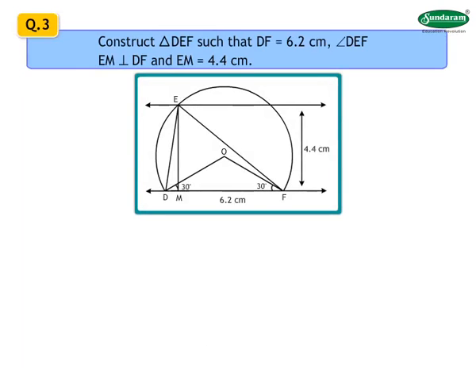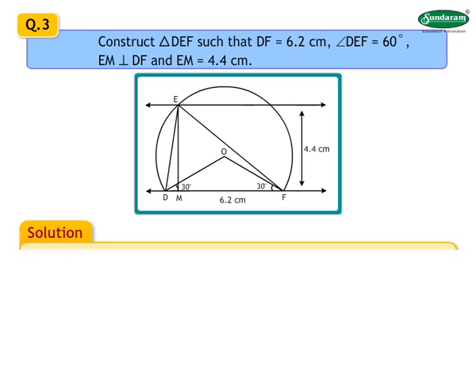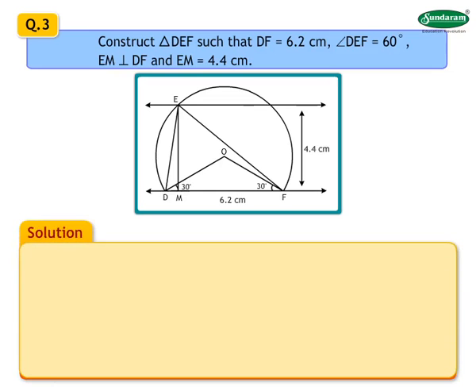Question 3. Construct triangle DEF such that DF is equal to 6.2 centimeters. Angle DEF is equal to 60 degrees. EM is perpendicular to DF and EM is equal to 4.4 centimeters. Solution. Let O be the center of the circle.